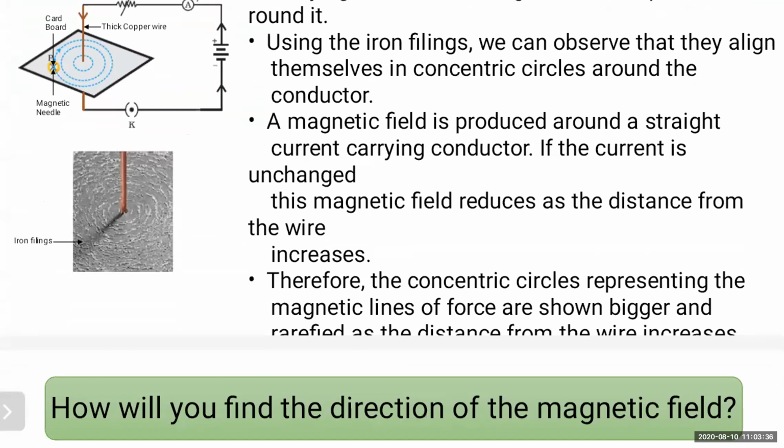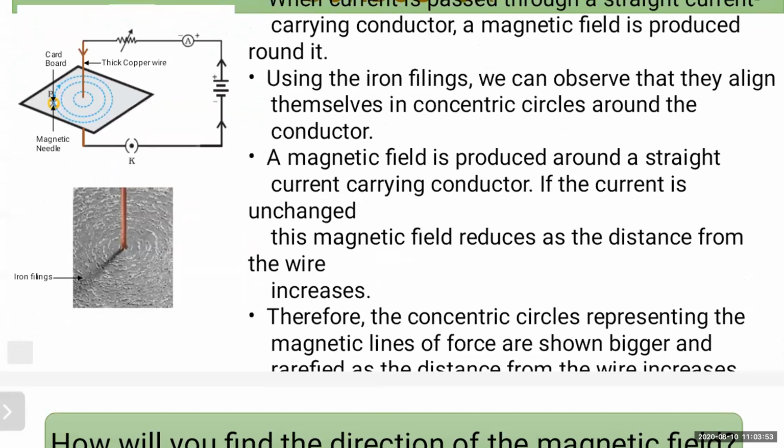Therefore, the concentric circles representing the magnetic lines of force are shown bigger and bigger as the distance from the wire increases. So the diagram shows that the magnetic field produced around the straight current carrying conductor, if the current is unchanged, reduces as the distance from the wire increases. Okay, so as the distance increases, the magnetic field will decrease.